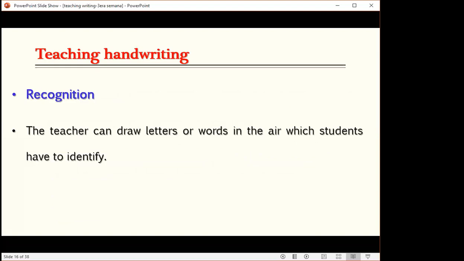So you could use these activities. So you can draw letters, words in the air, no? In the air, yeah, I'm going to write a letter. You have to tell me, which letter is this? Ah, teacher, this is letter B. So you draw letters in the air, no? So they need to recognize, remember, they are recognizing how to write the letters.